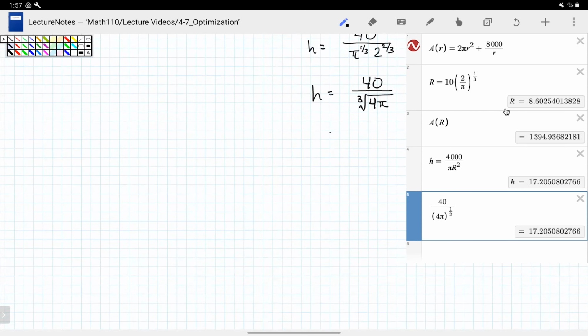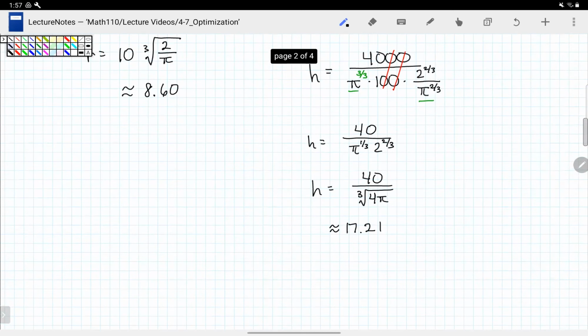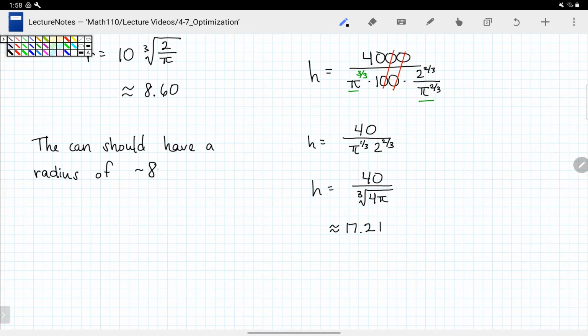So this is approximately 17.21. So this says the answer is the can should have radius about 8.60 centimeters and height of about 17.21 centimeters.